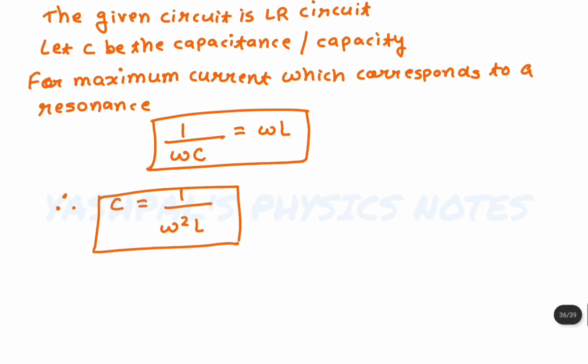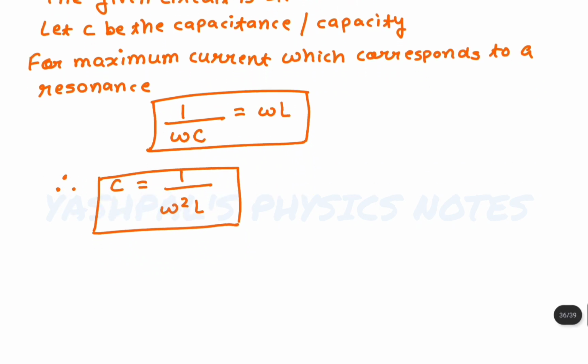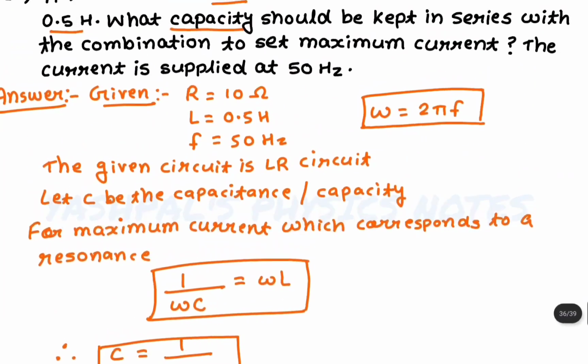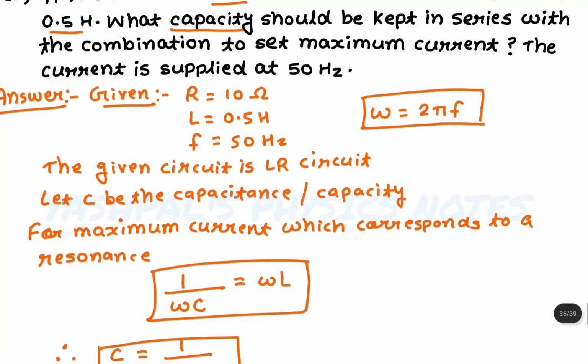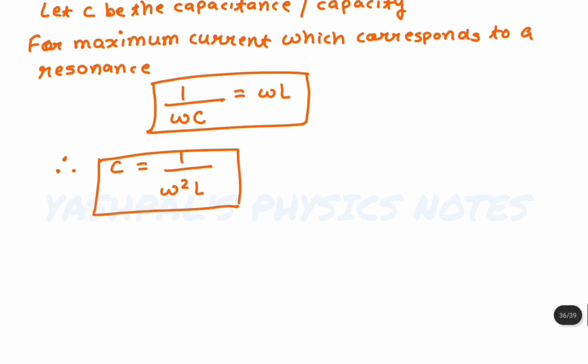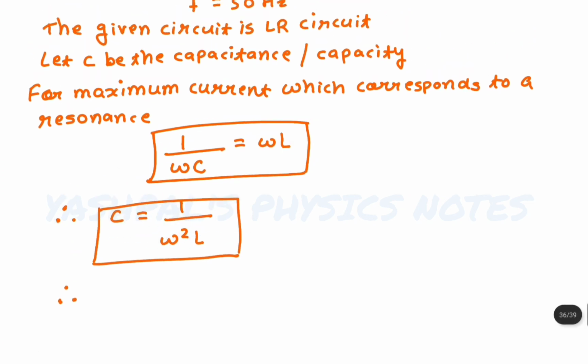Now we are going to substitute the value of omega as well as L. We are not given the value of omega, we are given the value of f, that is frequency. Once again let me explain. For maximum current, which corresponds to a resonance, this is the condition when the current will be maximum. 1 upon omega C is equal to omega L, which means the inductive reactance and the capacitive reactance will be equal.